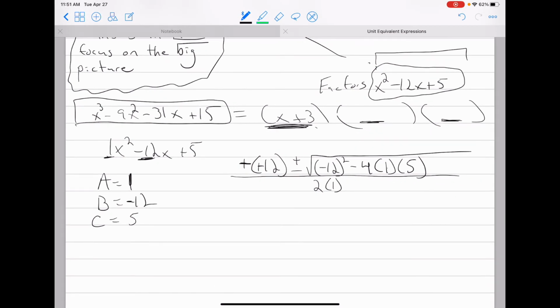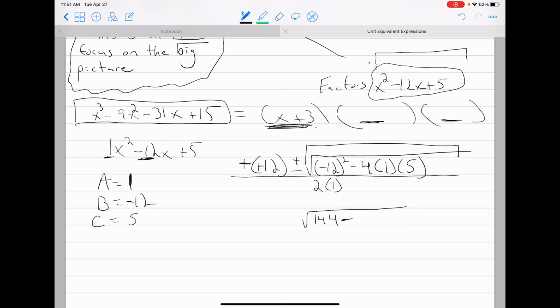Now we're just going to simplify. So we're going to simplify this piece right here. It's called the discriminant. And we're going to talk more about that later, but we're going to simplify what happens under that square root sign. So negative 12 squared is negative 12 times negative 12, which is 144. Minus.